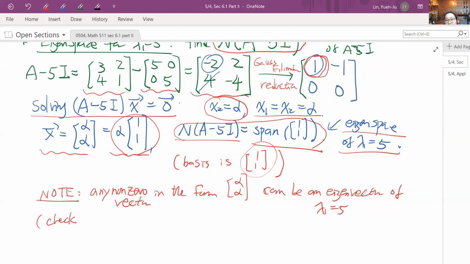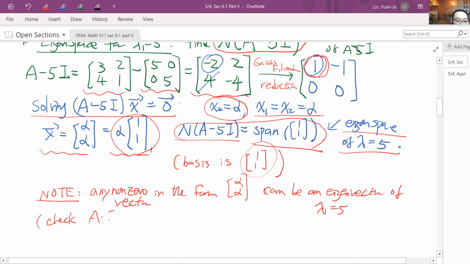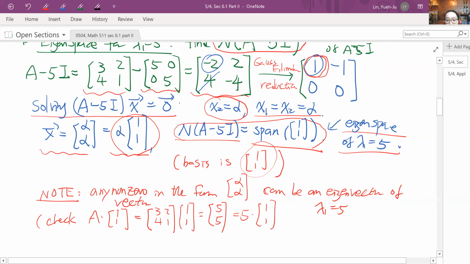Because it's a basis of the eigenspace, it has to be one choice of eigenvector. So take A times (1, 1). A is [3, 2; 4, 1] times (1, 1). You can see that this is going to be (5, 5) after you multiply. And what's (5, 5)? This is essentially 5 times (1, 1), and 5 is my eigenvalue.